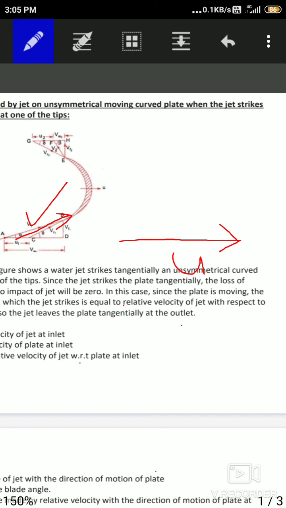So we can draw a vector parallel to this one. This represents V. For the time being we are considering this is V, that means velocity of jet, and this is U, that is velocity of plate.